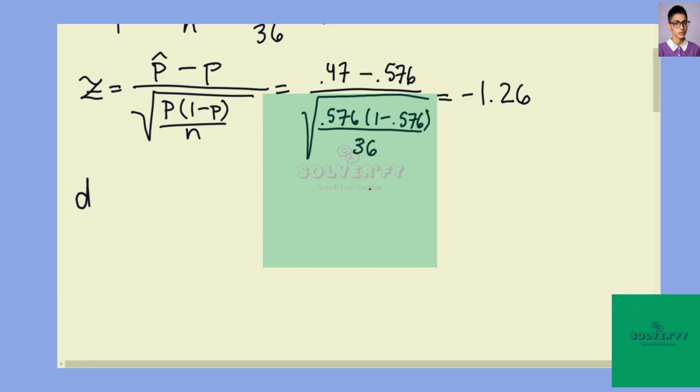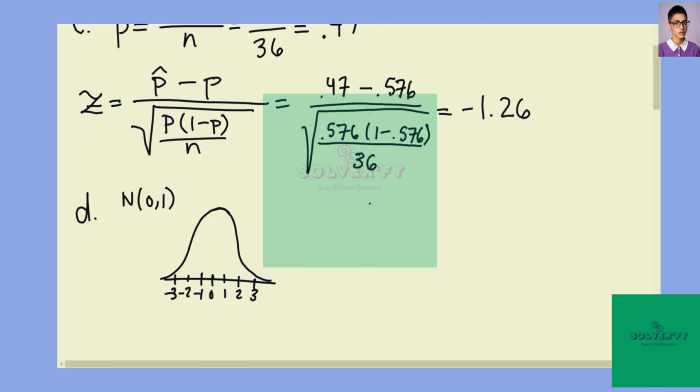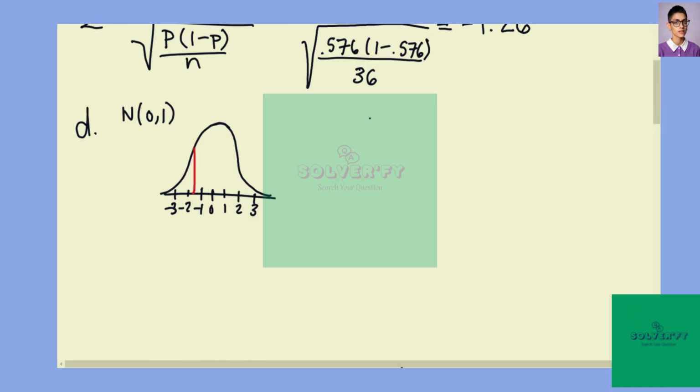So to make our decision, we're going to draw a normal curve with a mean of 0 and a standard deviation of 1. So mean 0, 1, 2, 3 standard deviations, -1, -2, -3, and I'm going to draw in our critical value of negative 1.64, so that's about here, and shade in the critical region.